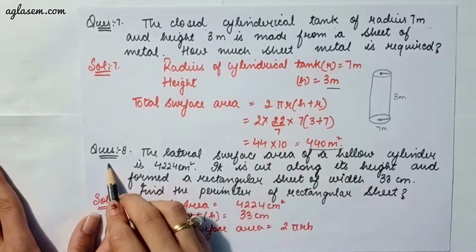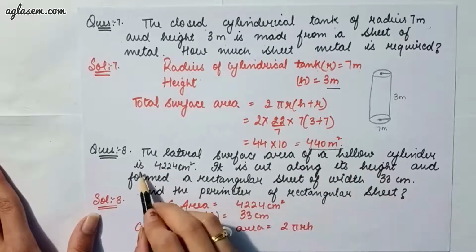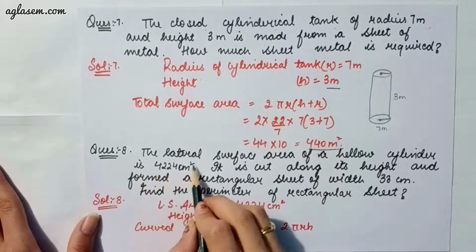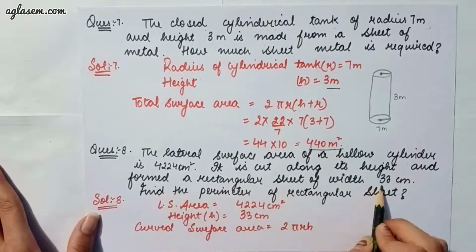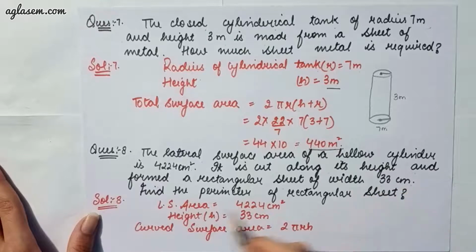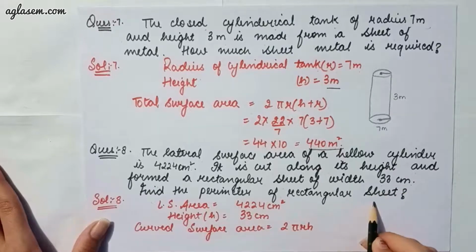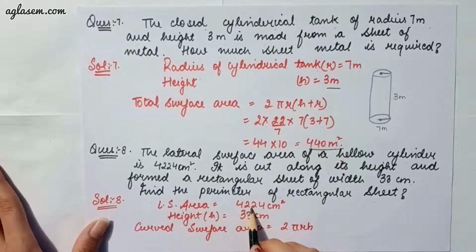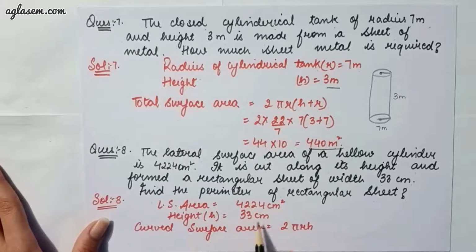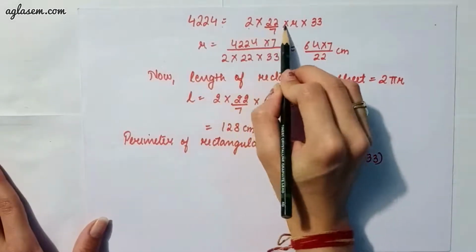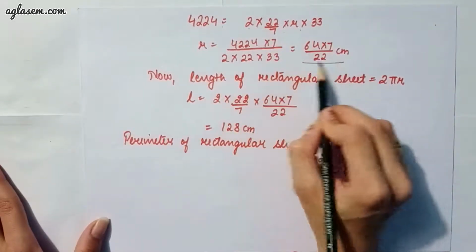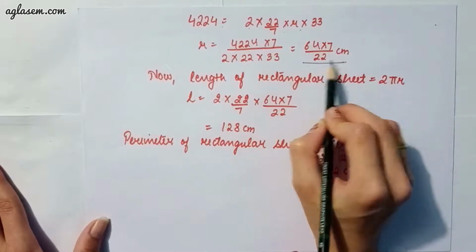Moving to our 8th question, which says the lateral surface area of a hollow cylinder is 4224 centimeter square. It is cut along its height and formed a rectangular sheet of width 33 centimeter. Find the perimeter of the rectangular sheet. So we have lateral surface area 4224 centimeter square, and height is given to us, that is 33 centimeter. By applying curved surface area 2 pi r h, we have 4224 equals 2 into 22 by 7 into r into 33, and we get r as 64 into 7 divided by 22 centimeter.